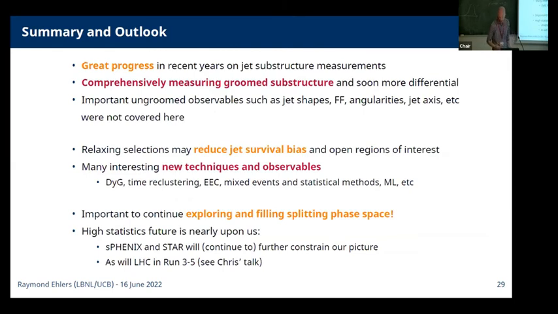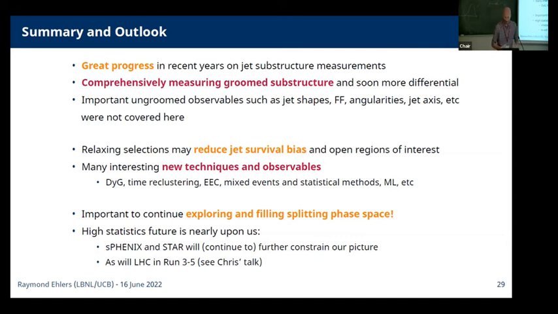So coming to my summary and outlook then. I'm an optimist, but I think we've made quite some progress in terms of advancing our jet substructure measurements. We've moved to comprehensively study, at least in terms of our groomed substructure observables, and we're moving to add more and more differential measurements quickly.